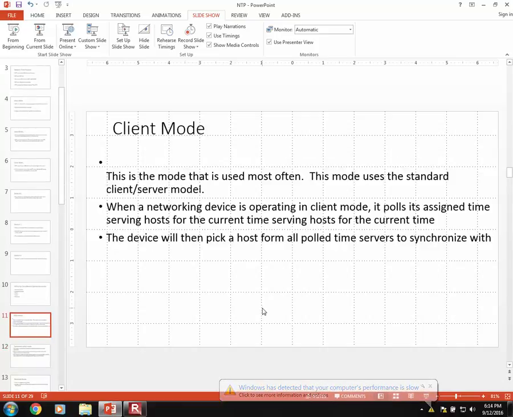The client mode is the mode that is used most often. This mode uses the standard client-server model. When a networking device is operating in client mode, it polls the assigned time serving hosts for the current time.